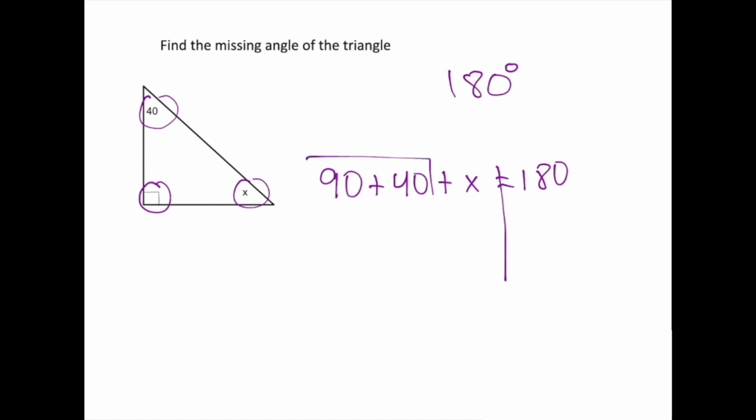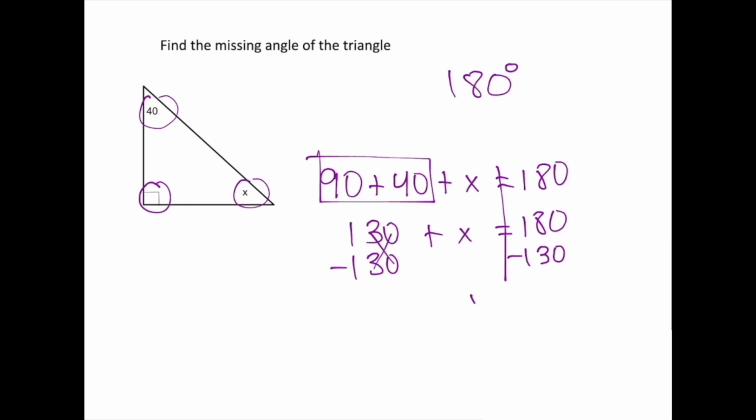We can then add 40 and 90 to get 130 plus x equals 180. Finally, we can get x by itself by subtracting 130 from both sides. And we find that x equals 50. So x is 50 degrees.